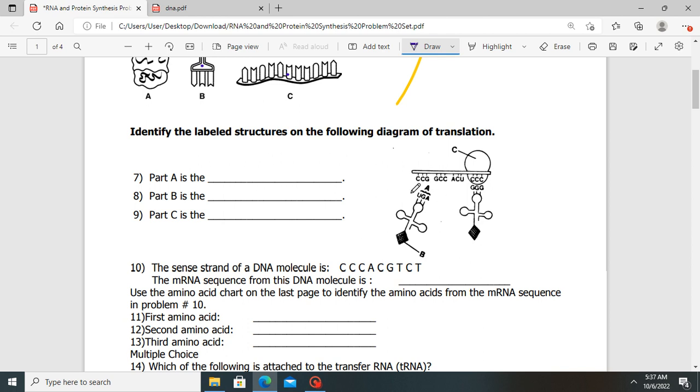We have these ones on the transfer RNA as the anticodons. Then we have the amino acids bonded to the acceptor stem of the transfer RNA. So from this diagram, part A is anticodon, part B is amino acids, then part C is a ribosome.